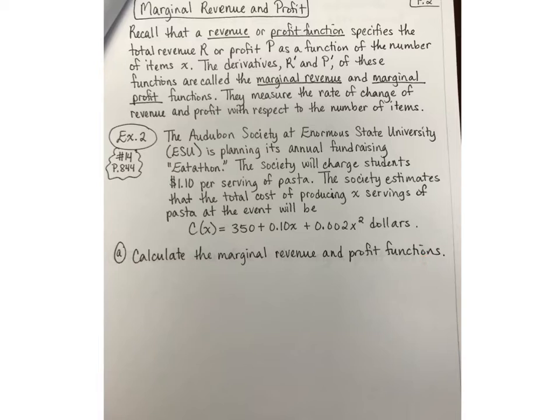The first thing we'll do is write down R of X. R of X is our revenue, and we have $1.10 per serving of pasta, so that's 1.1x. Our marginal revenue is the derivative of that function, so our marginal revenue is given by R prime of X. The derivative of 1.1x is 1.1.